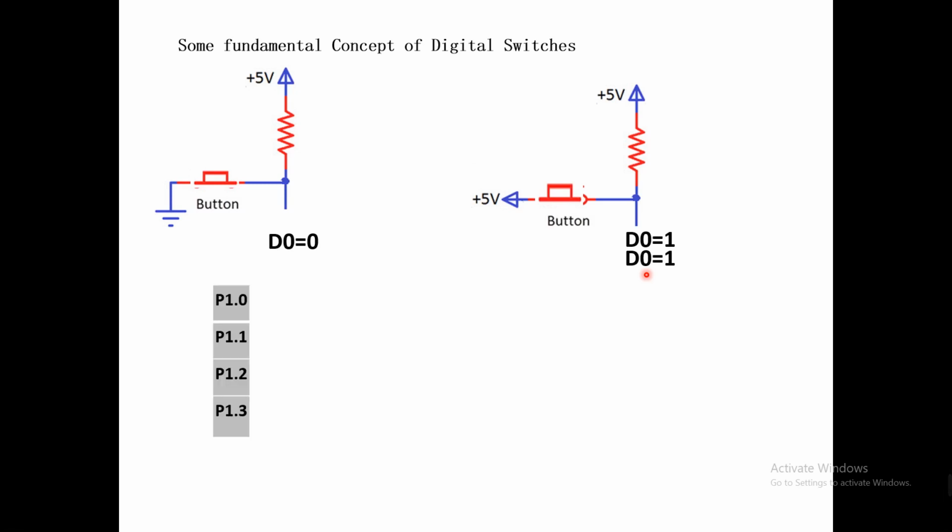Now move to the next. Let's suppose we have a push button, one of the keys, and we want to interface this key with a microcontroller. Of course, we cannot connect this switch directly to the microcontroller.